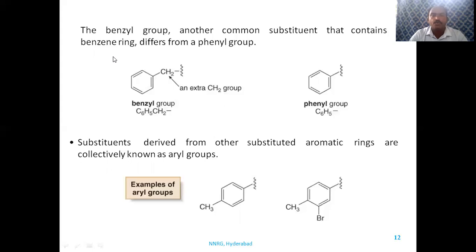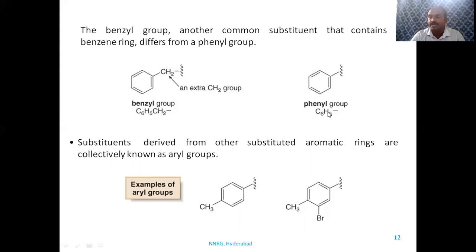So here you need to name some other compounds. If the phenyl group is attached to an extra methyl group, that group is called benzyl. See, this is phenyl, and if you have one extra methyl group, the total group is called benzyl. C6H5CH2 is called benzyl.